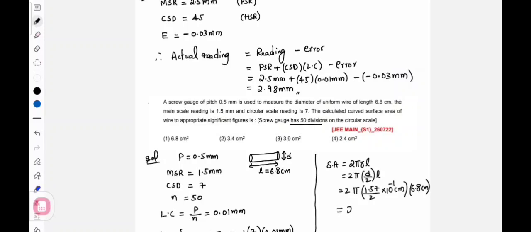This 2 pi into 1.57 means pi by 2, so you get pi by 4 into 0.68 centimeters square.